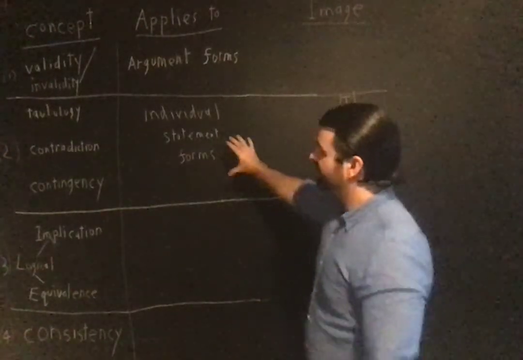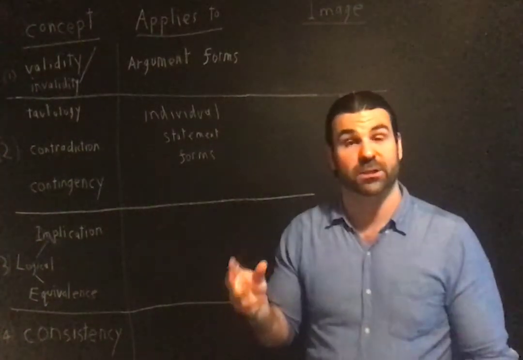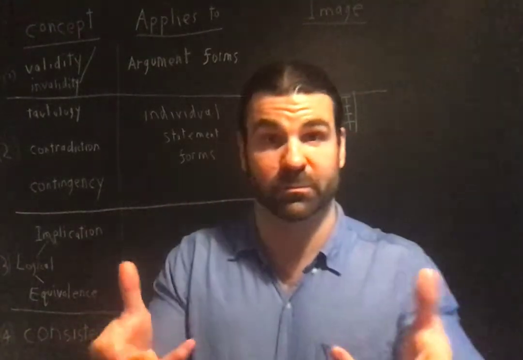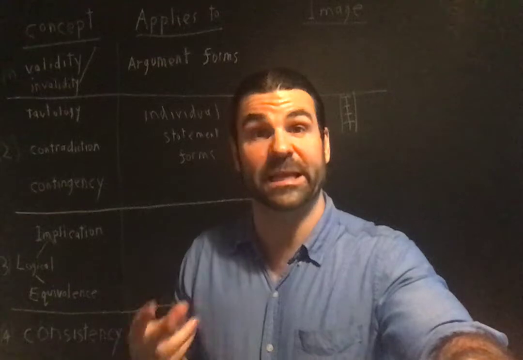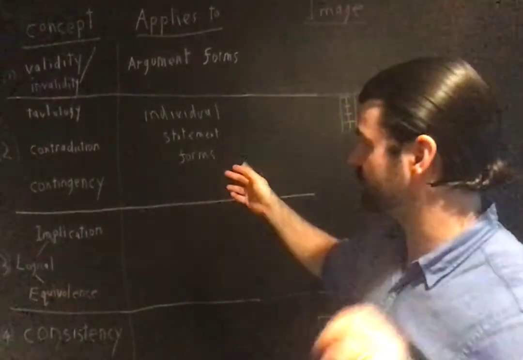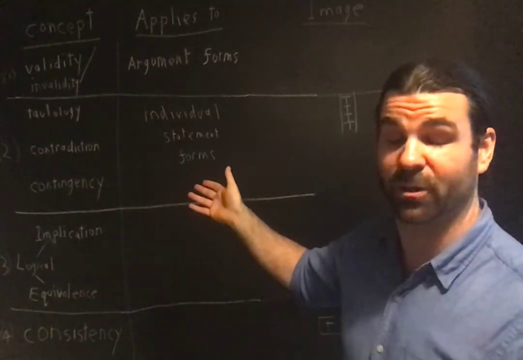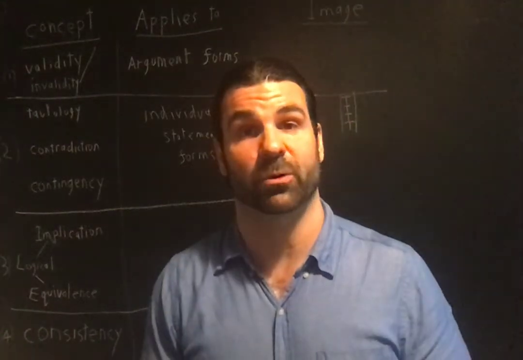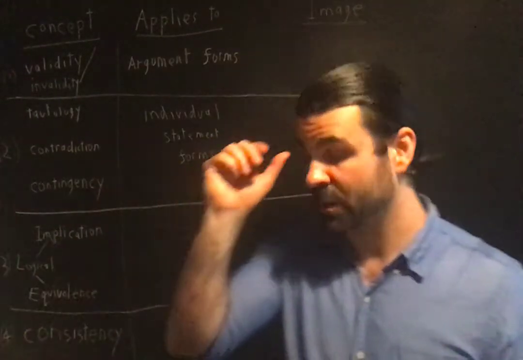Okay, they all apply to individual statement forms, right? So you will test an individual statement form for whether it is a tautology, a contradiction, or a contingency. Every single statement form has to be one or the other.